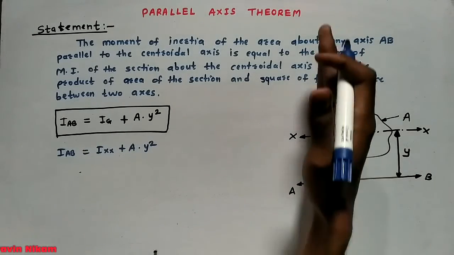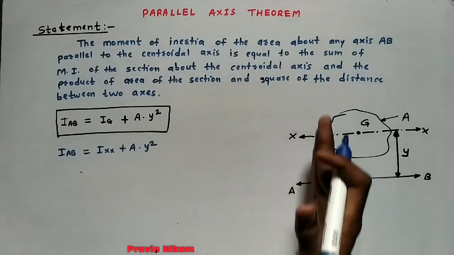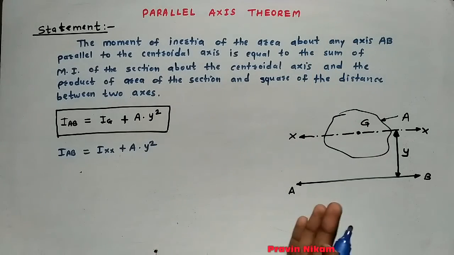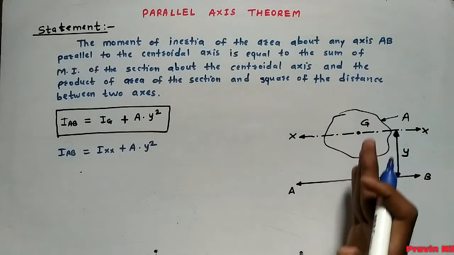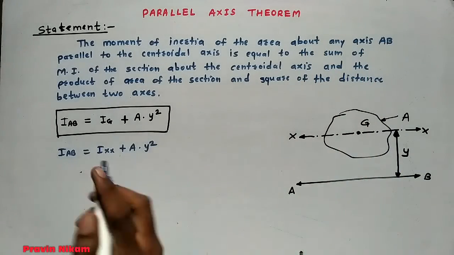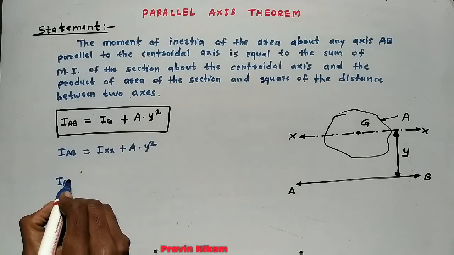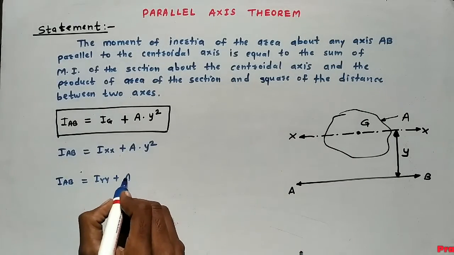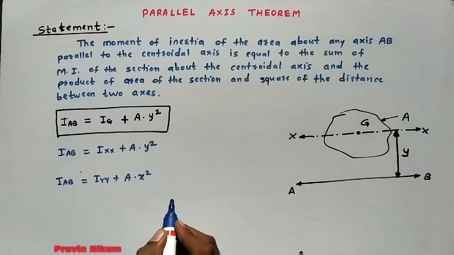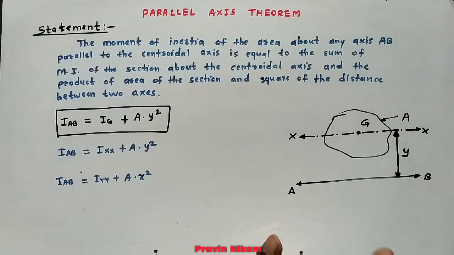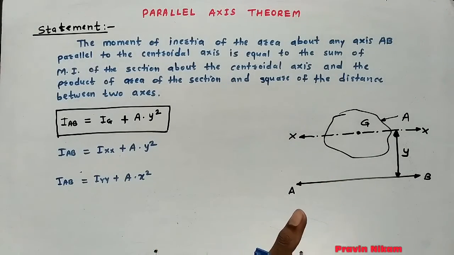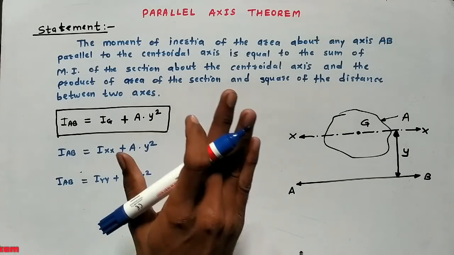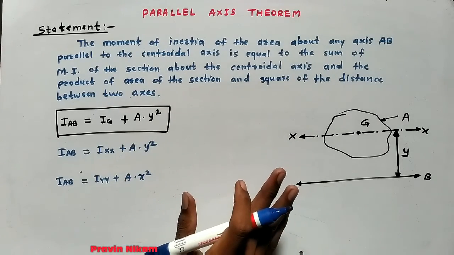If the centroidal axis is vertical and axis AB is also vertical, then the centroidal axis is YY, and the formula is IAB equals IYY plus A into x square, because the horizontal distance is x. So this is the parallel axis theorem.